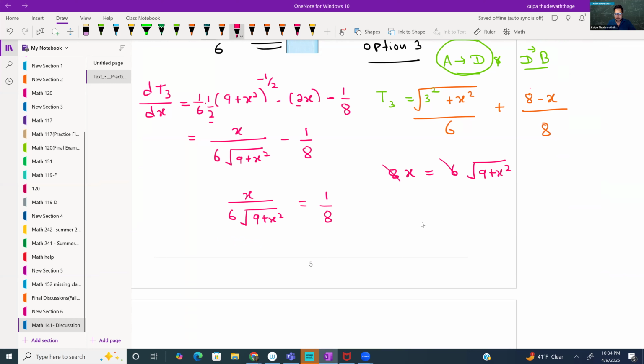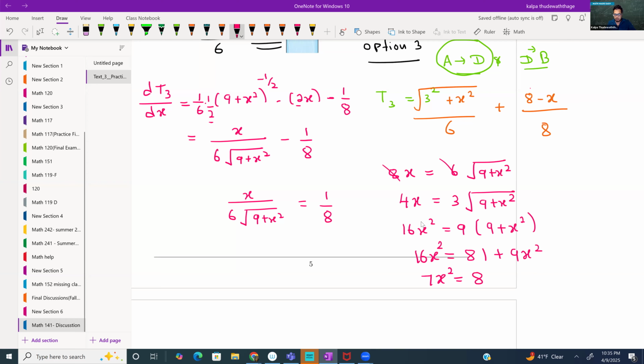You can cancel this to 4x equals 3 times square root of 9 plus x to the power 2. If you square that, it's 16x to the power 2 equals 9 times (9 plus x to the power 2). So this is 81, this is 9x to the power 2, and this is 16x to the power 2. So I get 7x to the power 2 equal 81.